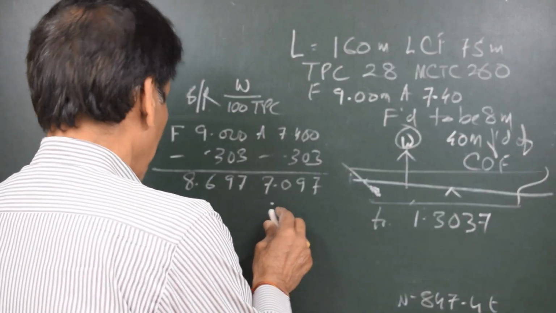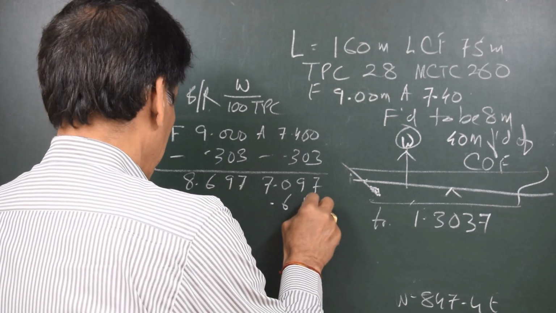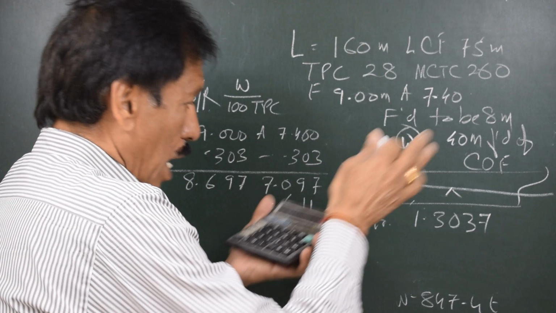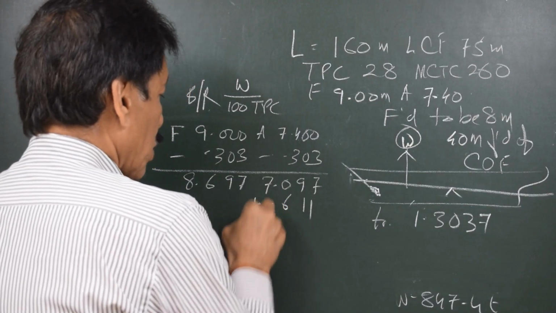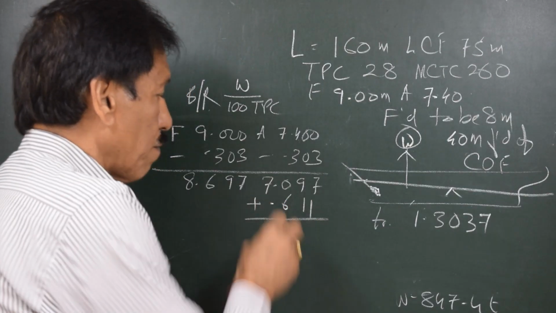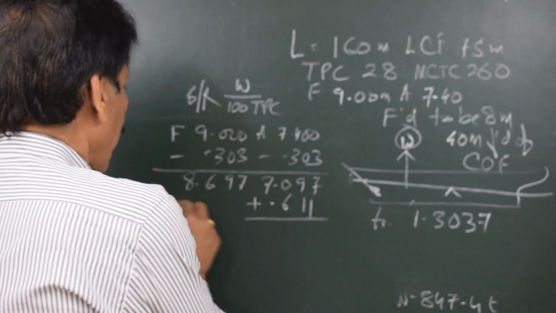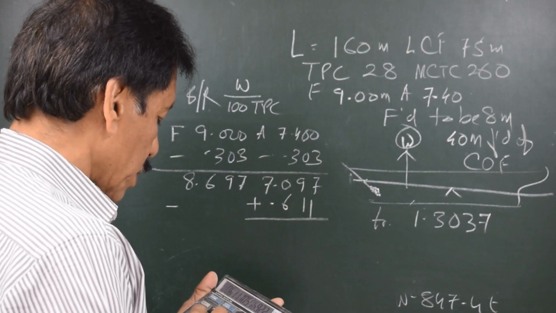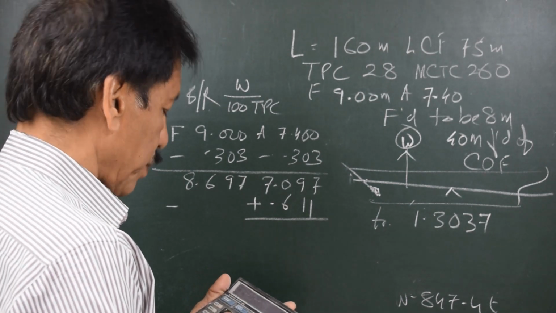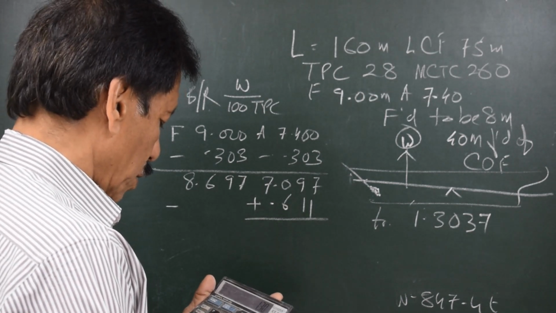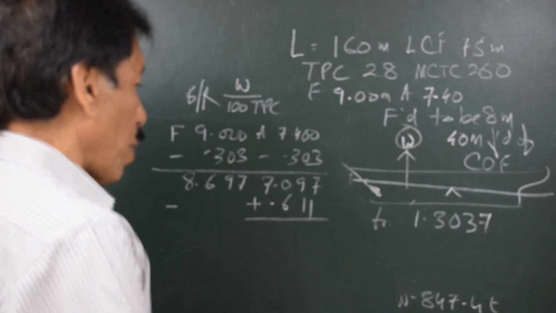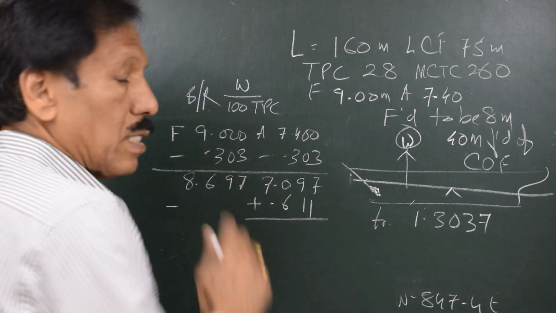So 0.611. Because we have discharged from forward, the aft draft is going to increase, so this is going to be plus, and if this is plus, TRF is going to be minus. TRF can always be found by TRC minus TRA.